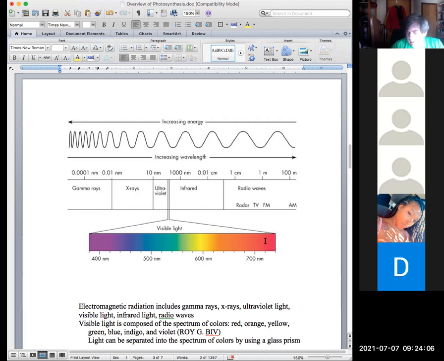If you go to the other end, we have infrared light. And again, people can't really see this, but there are a number of snakes that can see infrared light. Basically, if your body temperature is above what's called absolute zero, you give off infrared light. So there are a lot of snakes that can track their prey by seeing infrared light.